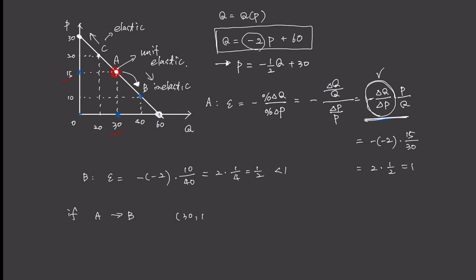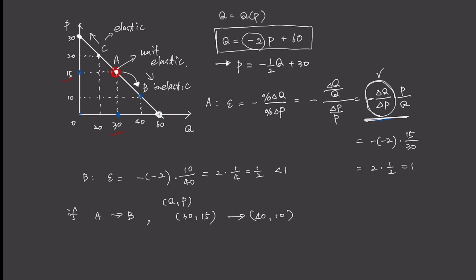Q, P coordinate 30, 15, to let's say B is 40, 10. So we are measuring the elasticity from point A to point B. So what is the elasticity of demand?